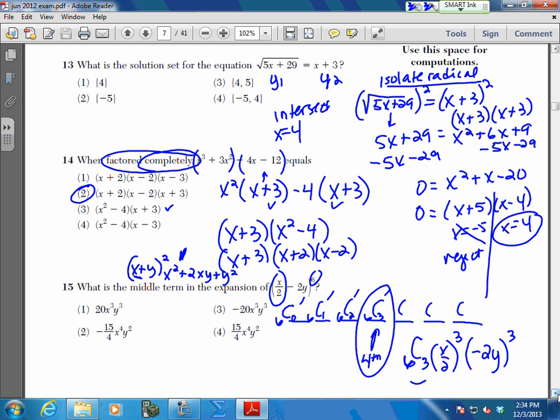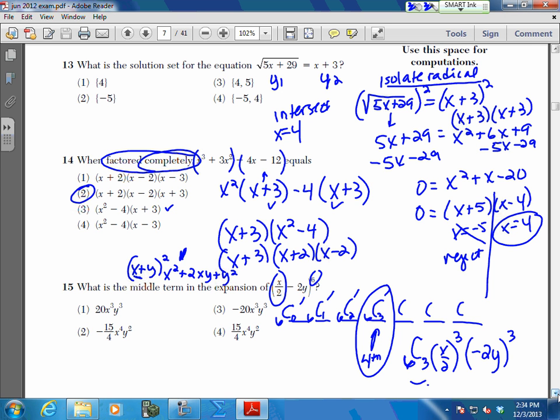From here, you can work this out. You can put this part in your calculator, 6C3. Put that in your calculator first.